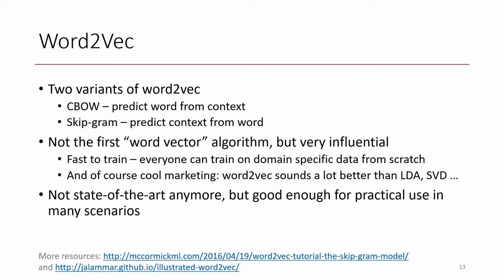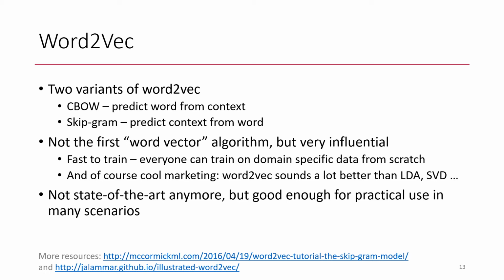And well, we have to note that even though if you Google for it, it seems like word2vec invented word vectors, which it did not. Of course there have been a lot of other techniques before it, but the difference is that word2vec rose to a lot of fame and got very influential because it's fast to train.